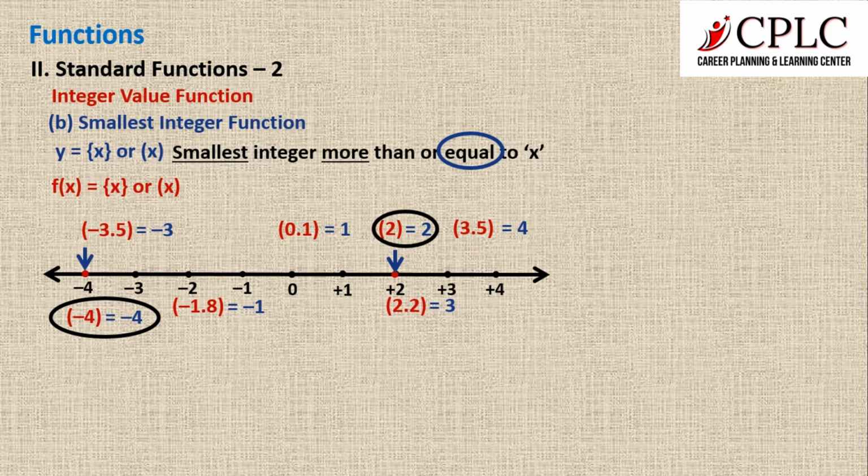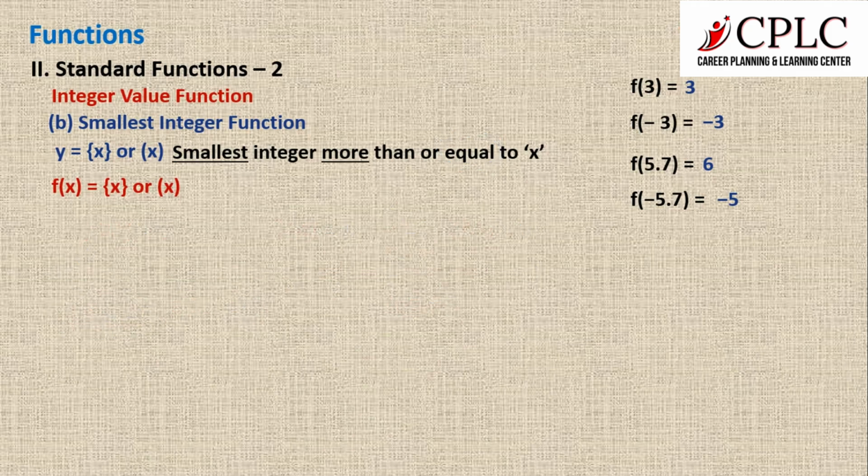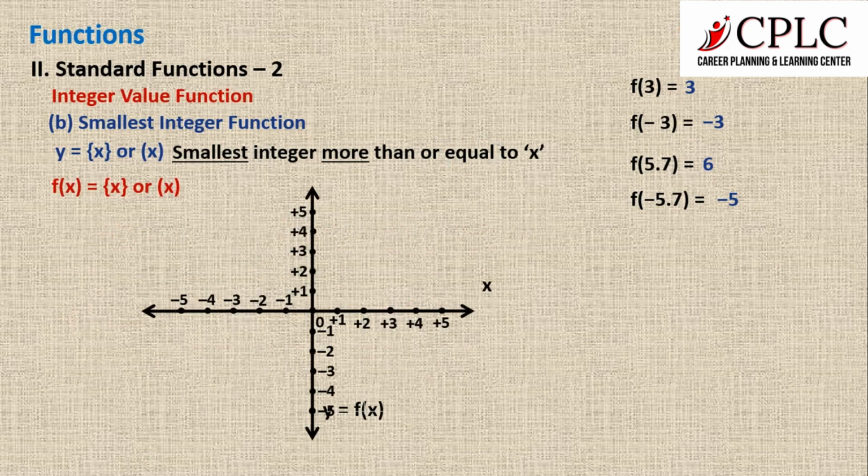Now again you realize that this has to be a step function, because again for certain set of values the values will remain constant, and then all of a sudden it will change to a different value. So this will be also a type of a step function only, but very slightly different than the previous one, which is the greatest integer value function ka graph.